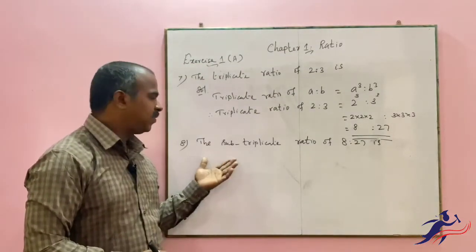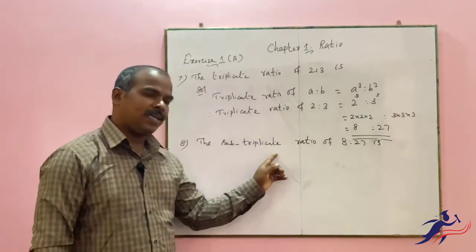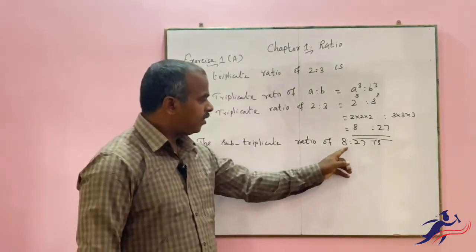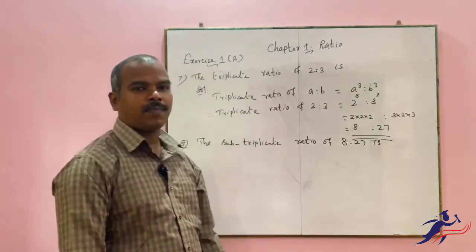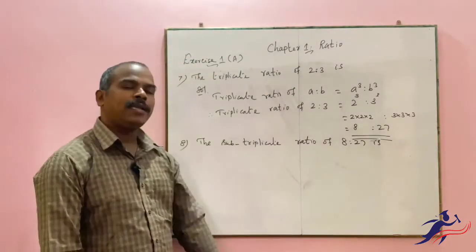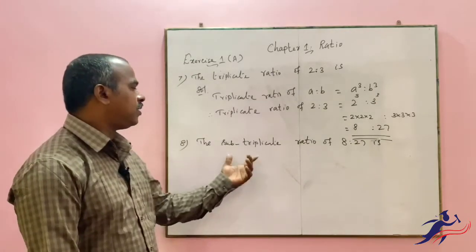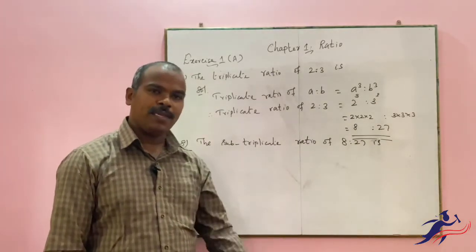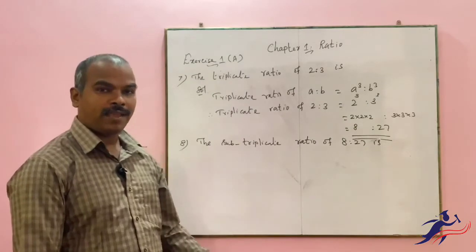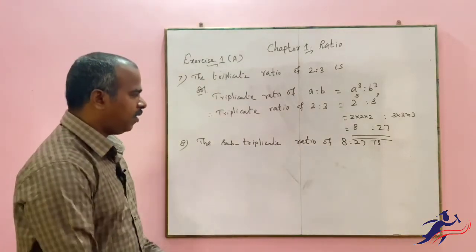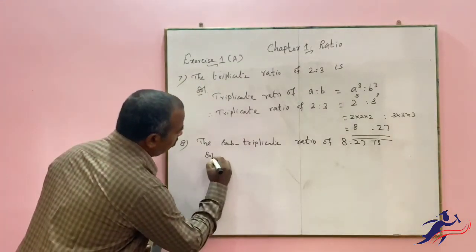Question number 8. The subtriplicate ratio of 8 is to 27 is. I already explained to you the subtriplicate ratio of A is to B is cube root of A is to cube root of B. Listen carefully.